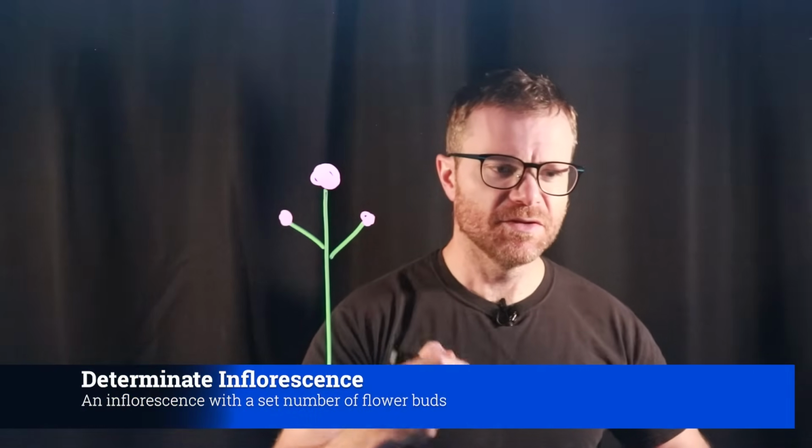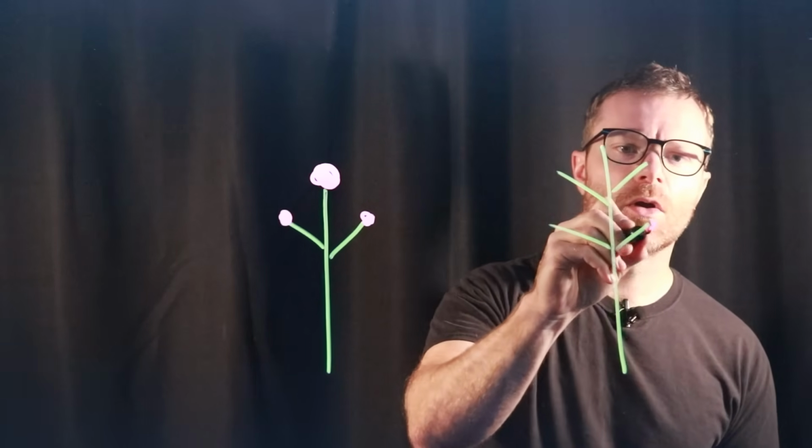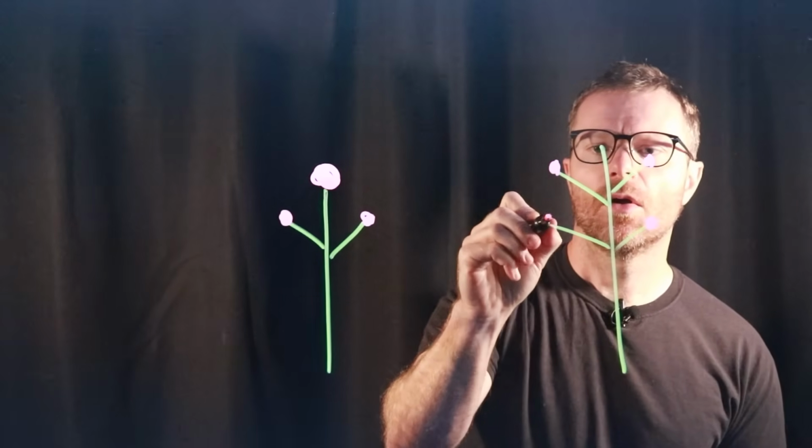The other type is you have your stem and you have flower buds on that stem. But as the season goes along, if it's a particularly long, warm summer, or if there's lots of moisture, or whatever environmental conditions this plant needs to keep producing flowers, it will do so.